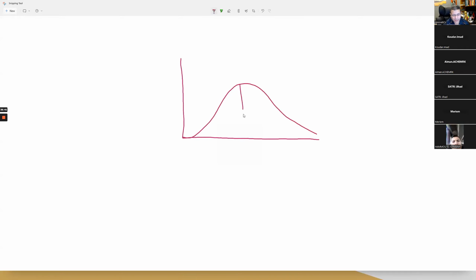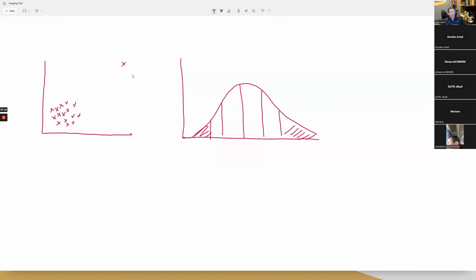So get the mean, then standard deviation 1, 2, and this is outliers. So outliers, second definition, is any data that lives too far from the majority. Majority means the bulk. If you look at the statistics, you find the data element lives far from the majority, somewhere out here.